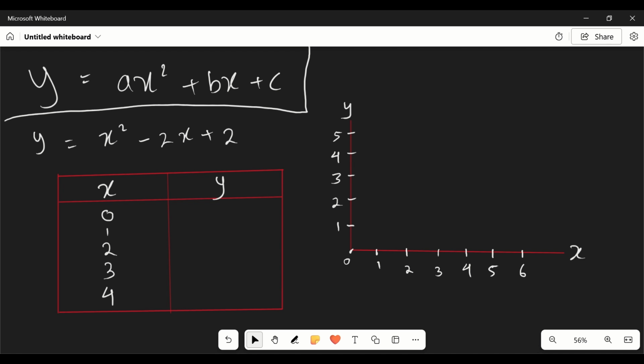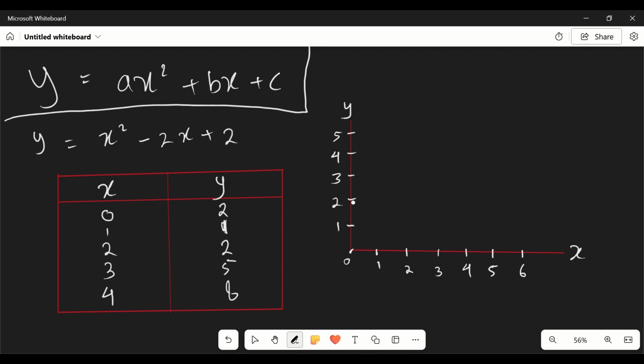Let's take a look at this example. If we have y equals x squared minus 2x plus 2, then we will plot all of x to y. We get 2. We substitute 1, we get 1, 2, 5, 8.